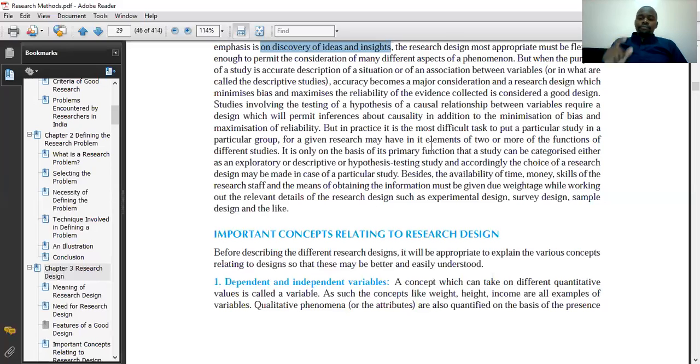So accuracy, there needs to be specificity of things. Also, your research design should accommodate for future changes in case of eventualities. That is another characteristic.